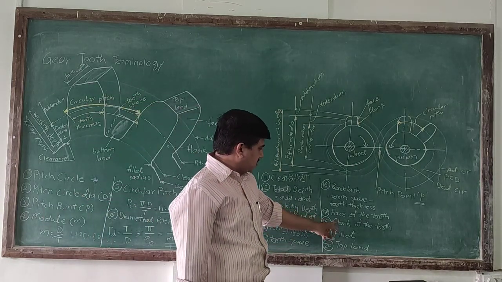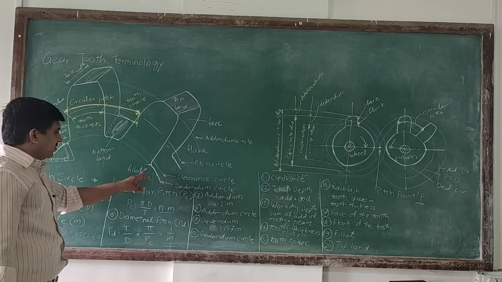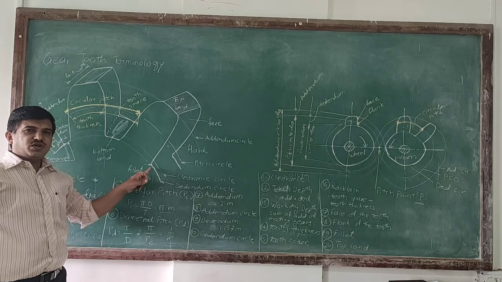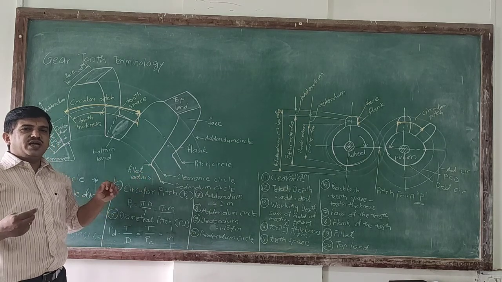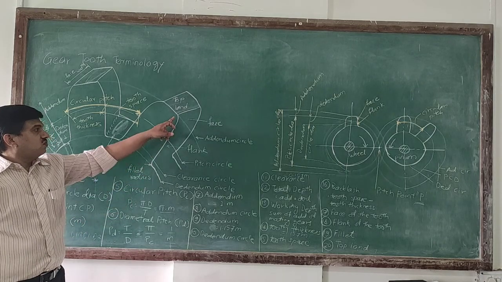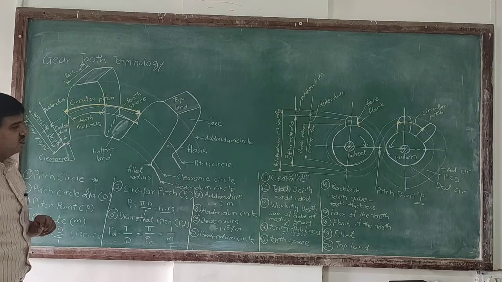Next is the flank face, then the fillet, which you might have seen over here. Now this is the fillet. Usually we avoid sharp corners, isn't it? So over here we have the fillet.